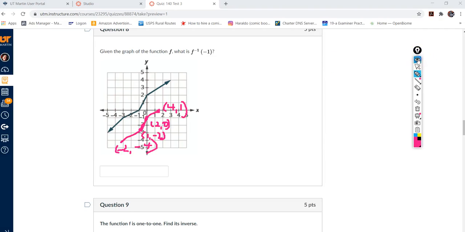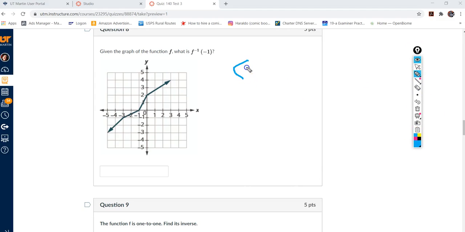So again, the question is not what is f of -1. The question is what is f inverse? And a lot of you gave the wrong answer and answered it like it was asking you for f. So if I have a point on f, let me get the blue one.